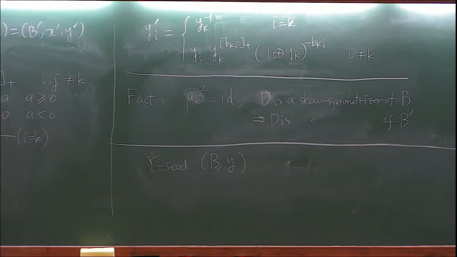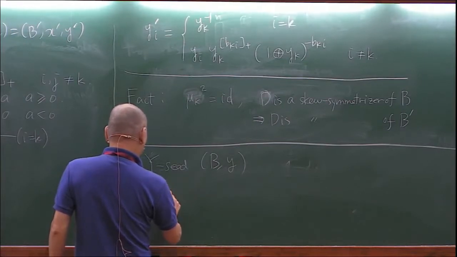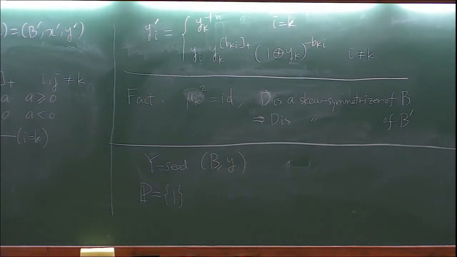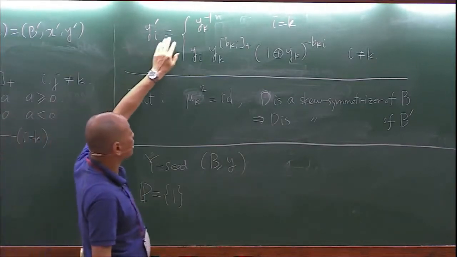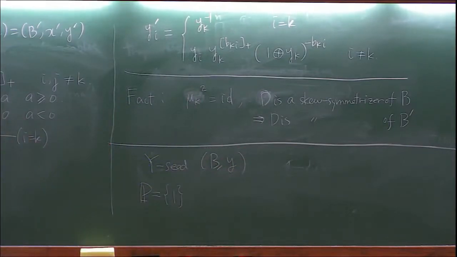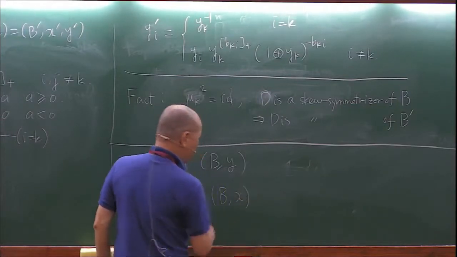Also, when you take P to be the trivial semifield, then a Y variable becomes trivial, it's just the identity, 1 is 1, and so you can forget about it. And furthermore, 1 plus 1 is 1, so you can forget that too. Now you have a seed without Y at all.